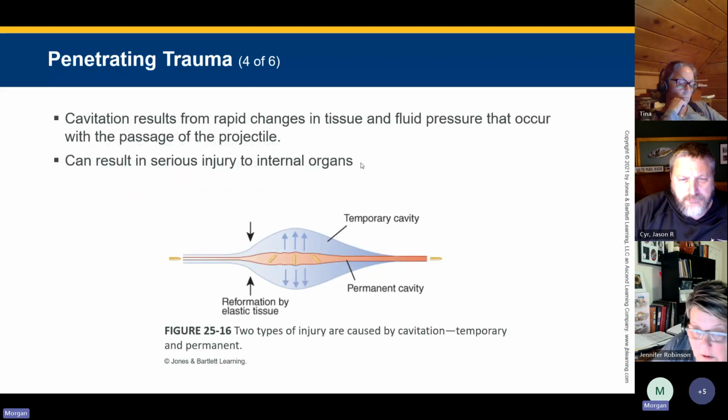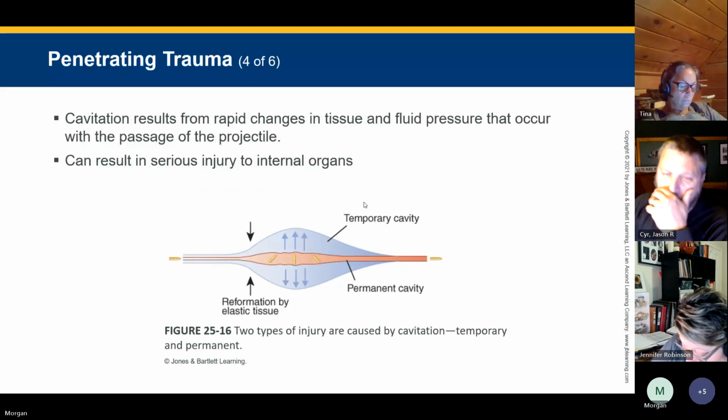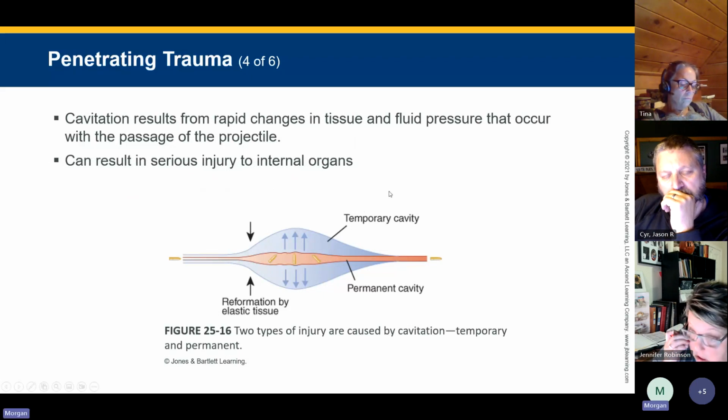Cavitation results from rapid changes in tissue and fluid pressure. I guess they're talking about anytime there's this injury, there's going to be fluid, like either plasma or whatever, third spacing, and so you're going to have swelling, like a cardiac tamponade.